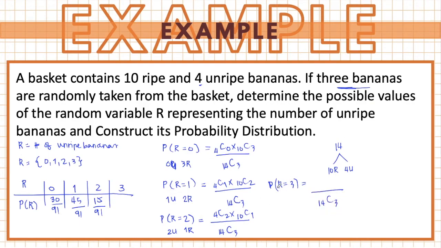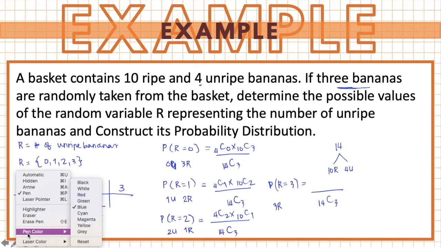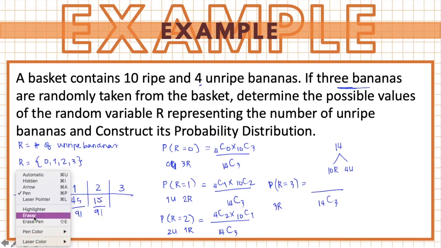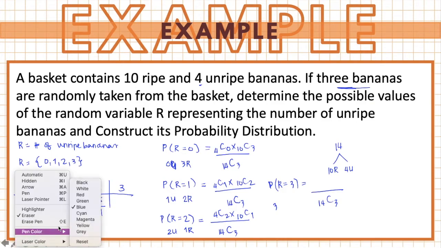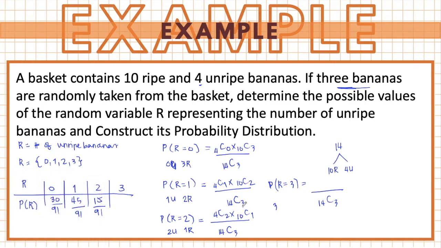And dito, kukuha ng 3 unripe, and then the rest are ripe, so 0 ripe.